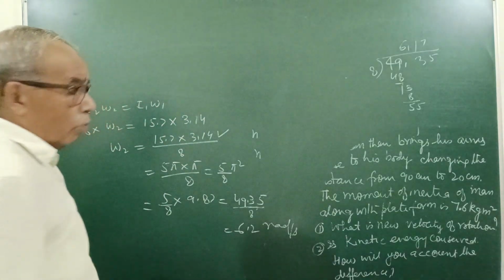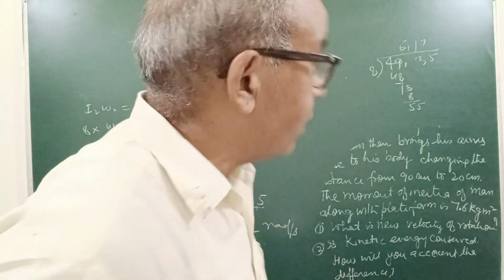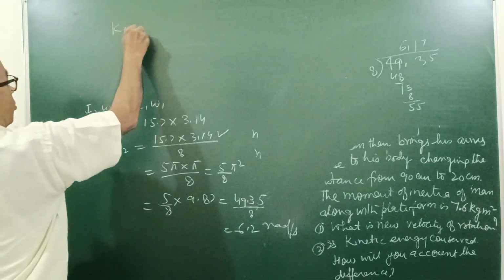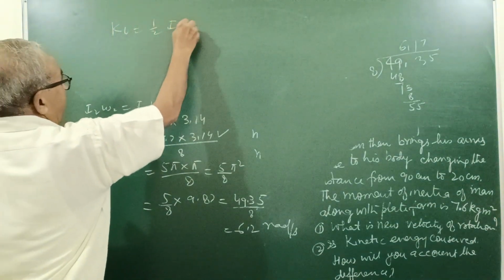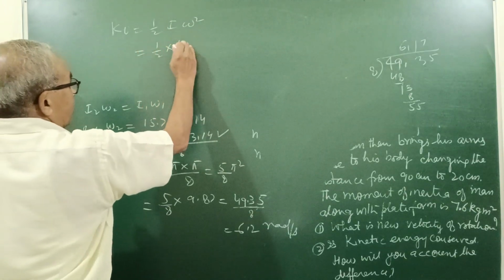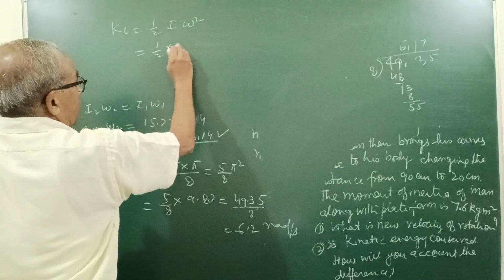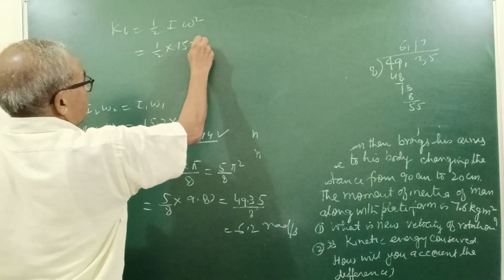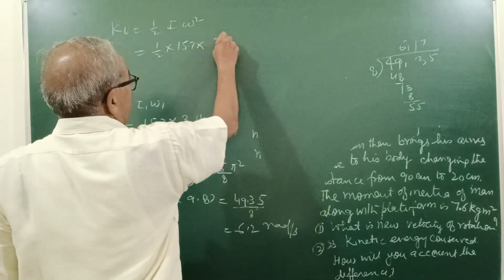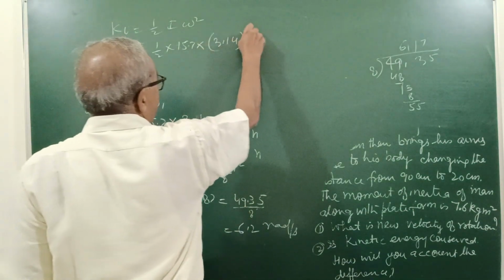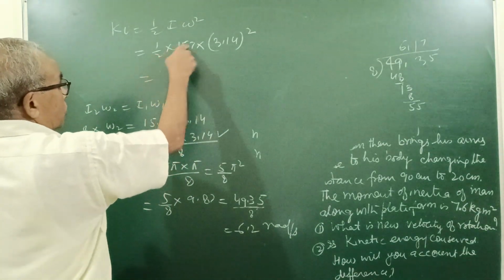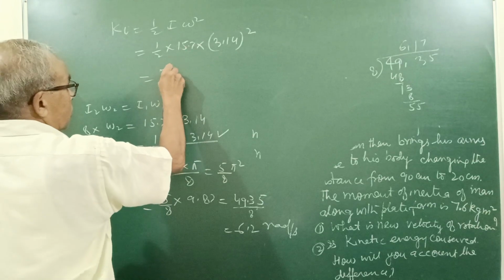So now you have to find out the initial energy. Initial energy is half I omega square. Half I was 15.7 into omega 3.14 square. So it is 2 times 7 is 14, 2 times 8 is 16.